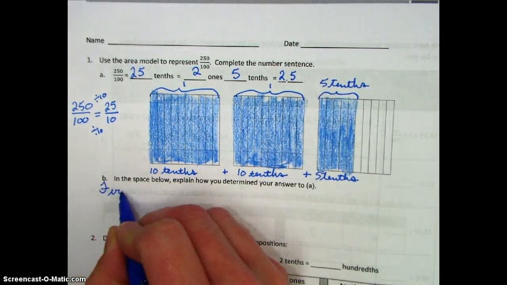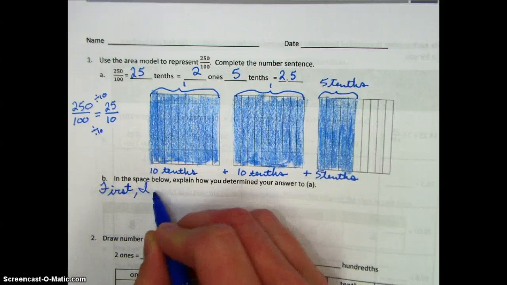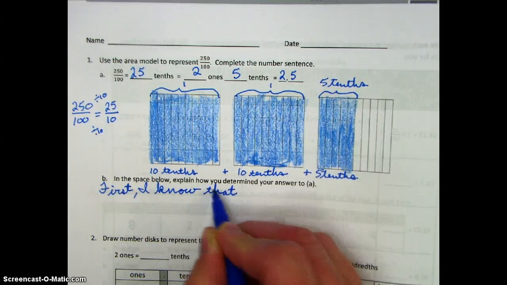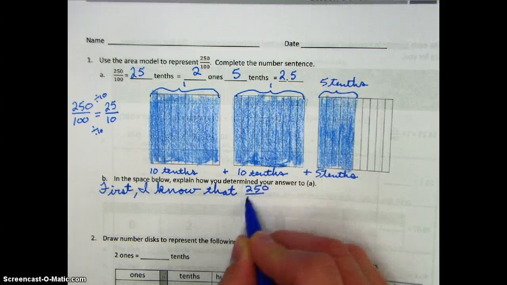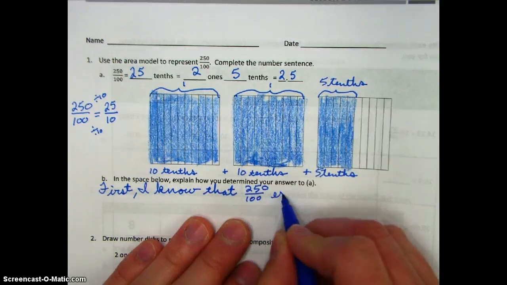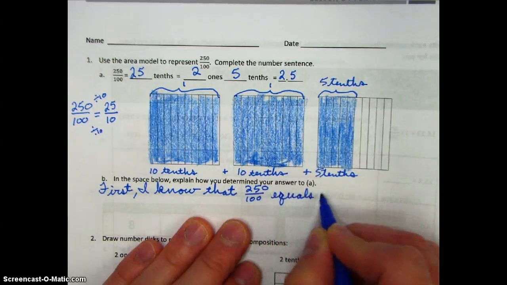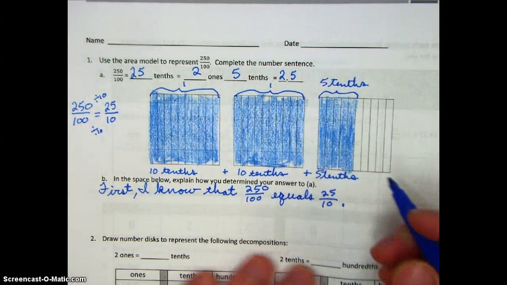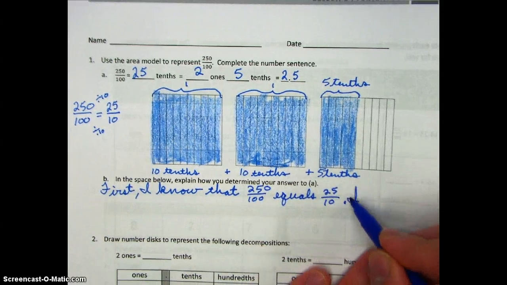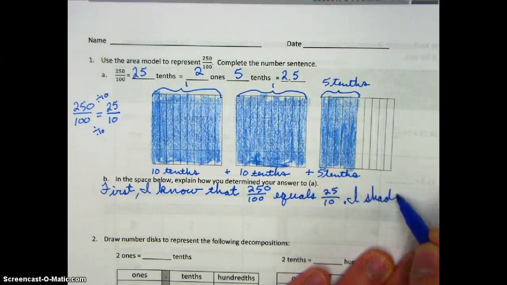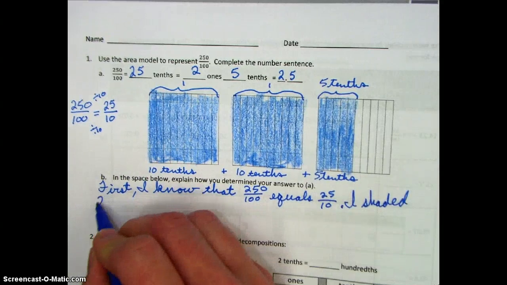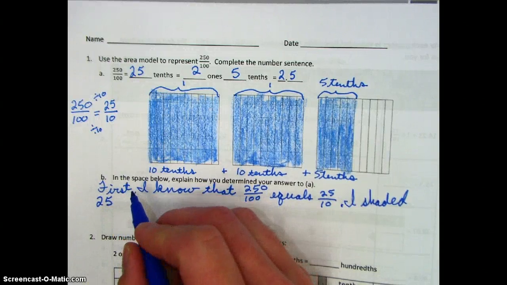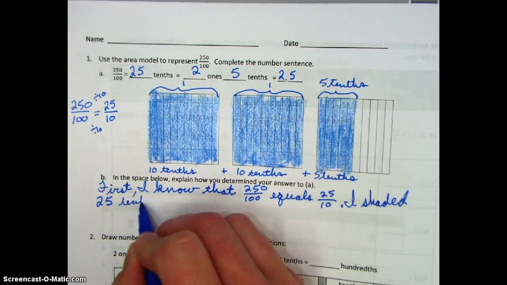So first, we know that 250 hundredths equals 25 tenths. So we shaded 25 tenths.